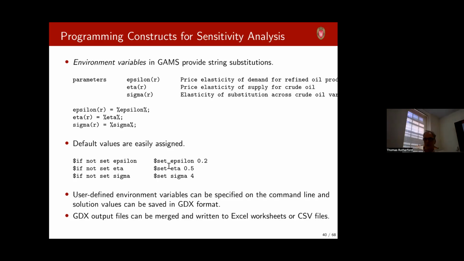That will assign a value. The default assignments need to come before the use of the variable. So I can set a default value, and then set up a bunch of solves on the command line or in a separate GAMS program to generate many different solves, and then pull all the solution values together and stick them into a pivot table.